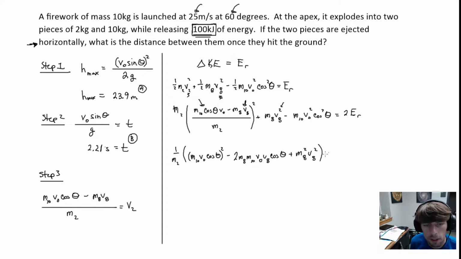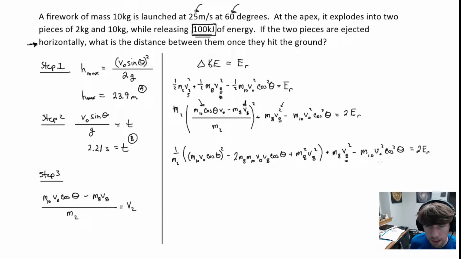Dropped a squared there, just be careful. Plus m8 v8 squared minus m10 v naught squared cosine squared of theta equals 2ER. Character builder. Well, let's go ahead.